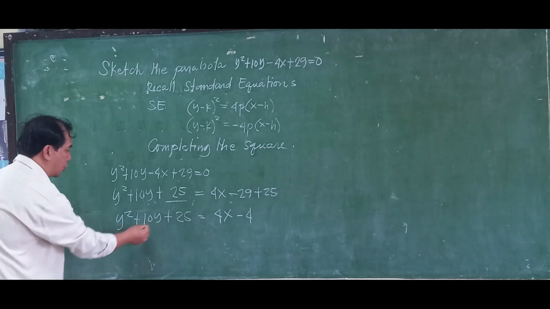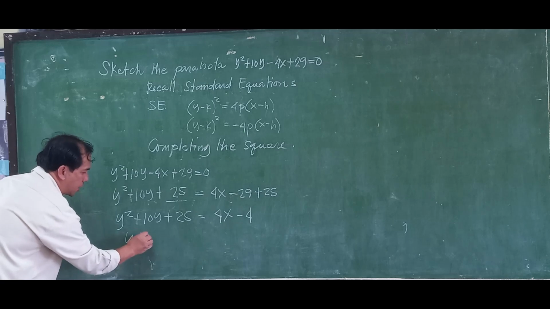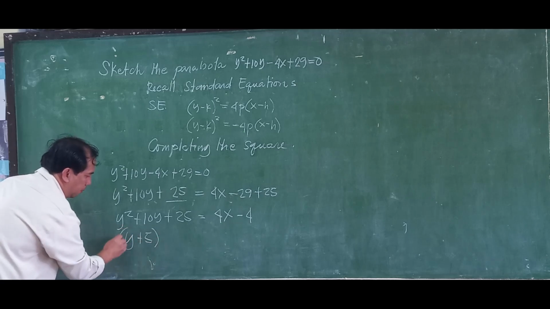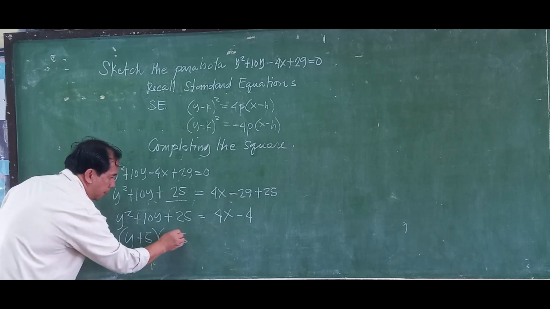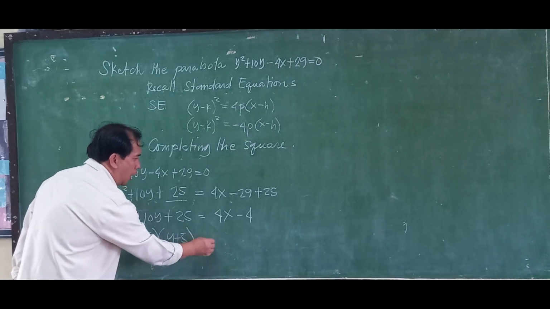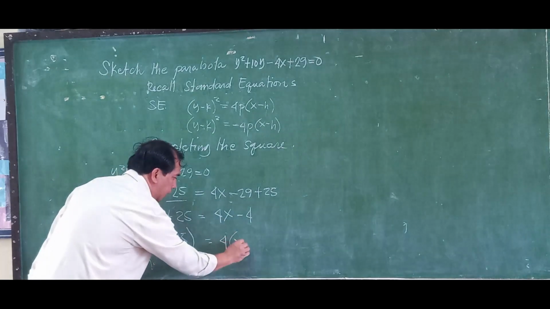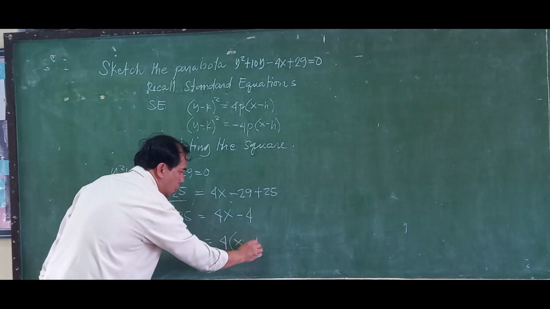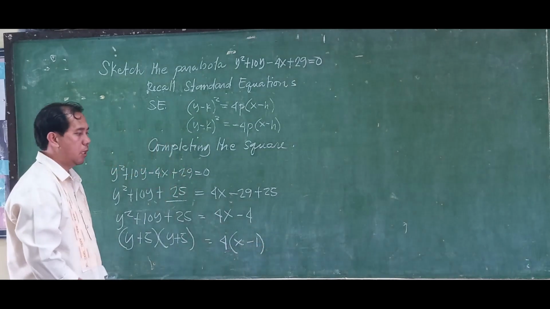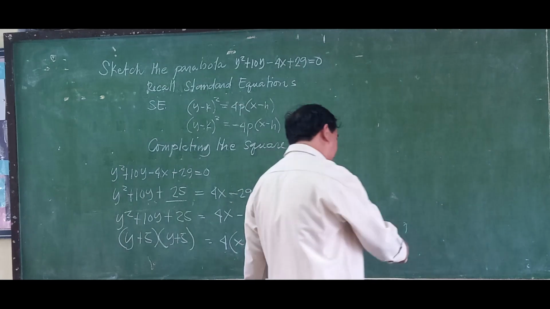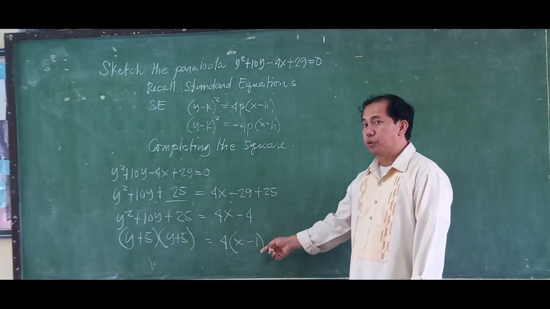So what are the factors of this one? That is y plus 5 multiplied by y plus 5. Next, what about this one? They have a common factor, 4 multiplied by x minus 1.